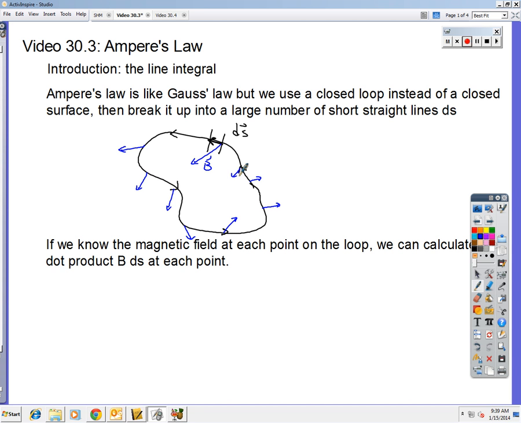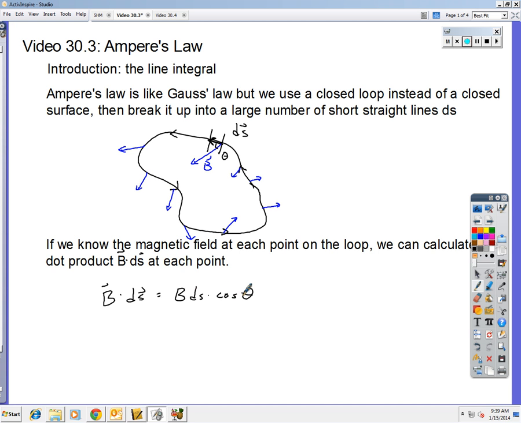Now for every one of those ds's, you're going to calculate the dot product B dot ds. Remember the dot product, we have to know the angle between B and ds, that B dot ds is equal to B ds times the cosine of that angle.